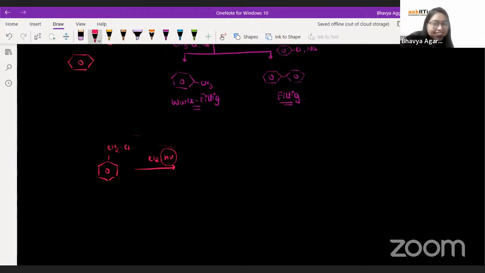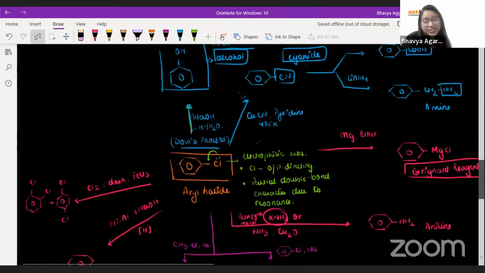Because I'm using light. It's going to be a side chain reaction. Make sense? So you have to look at the conditions properly. Conditions are really, really important.